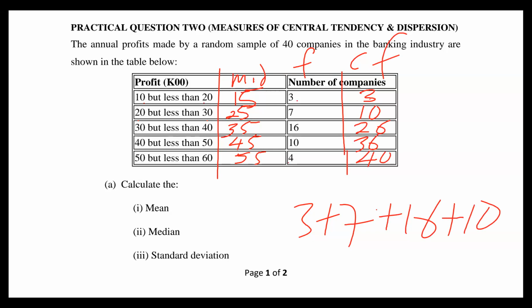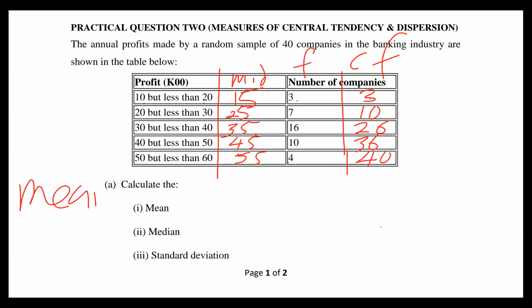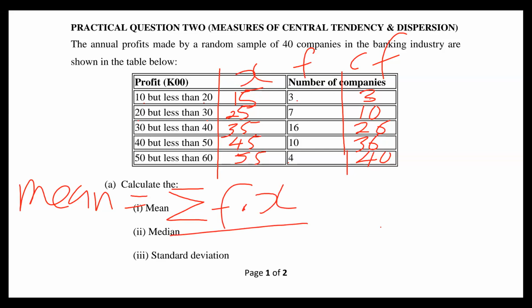Okay. If that is clear, then it is well. So for you to find the mean of a grouped data, it is found by summing up frequency times the midpoint. Let's call our midpoint x. So you say the sum of f times x, divided by n, which is just the summation of the frequencies.